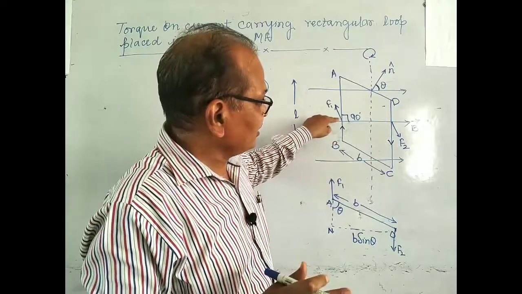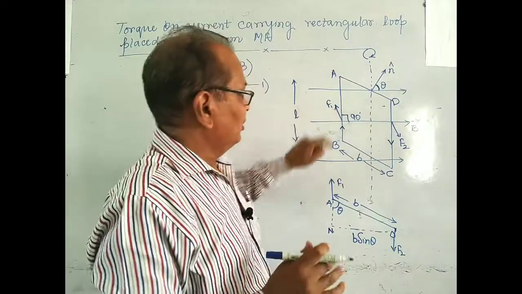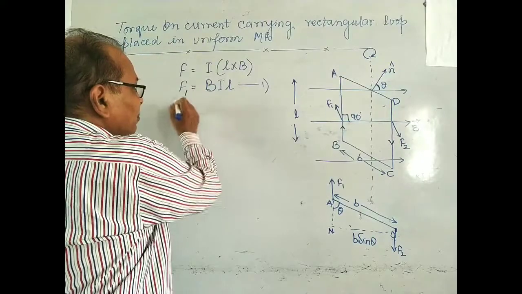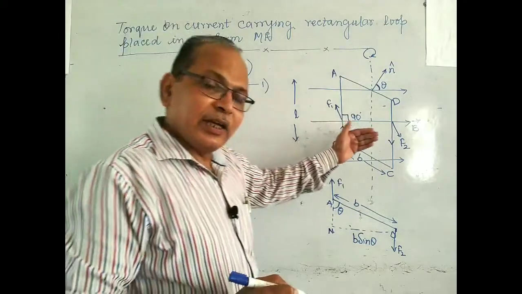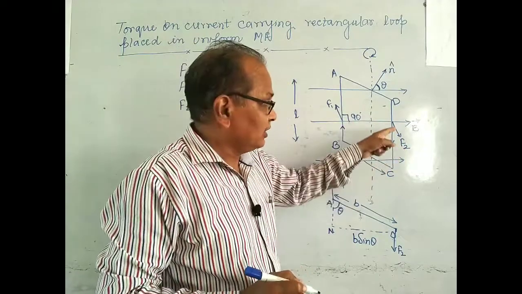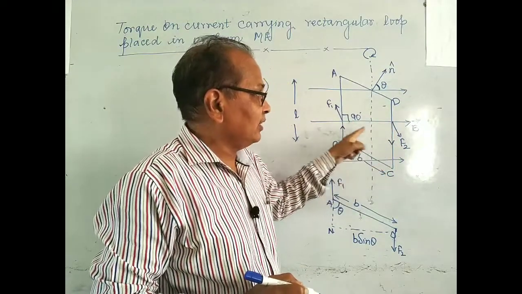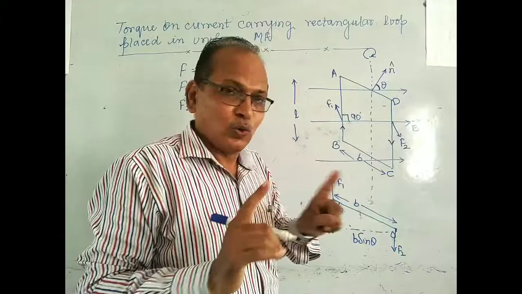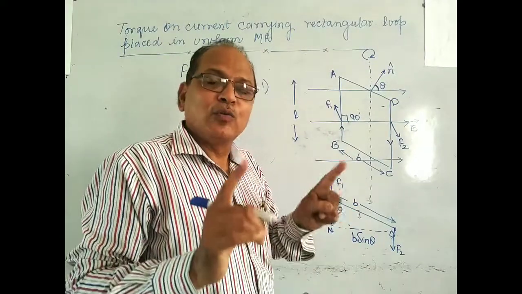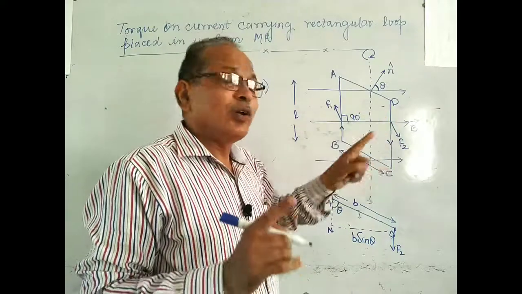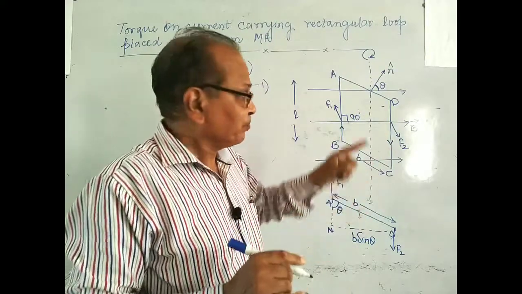If it is F1, then F2 will also be equal in magnitude, but see the direction of the current. Does the current flow in the same direction? No. Therefore, if the current is in opposite direction, the force experienced by this wire will also be opposite in direction.